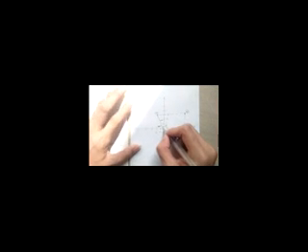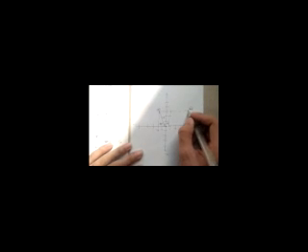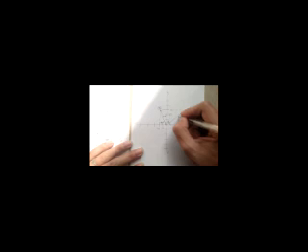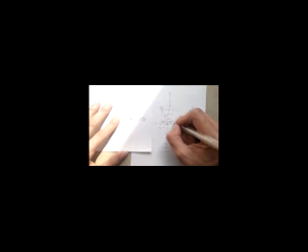And from the origin up to Z2, this is 5, which is here. And the angle 36.87 degrees comes from here. 36.87 degrees. So there.